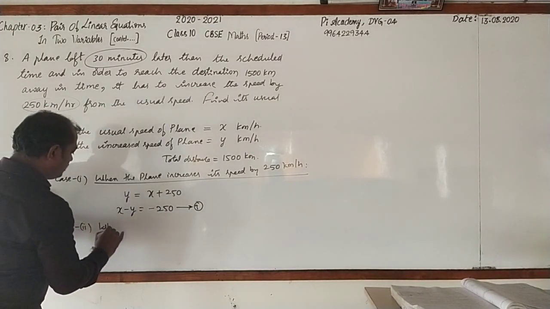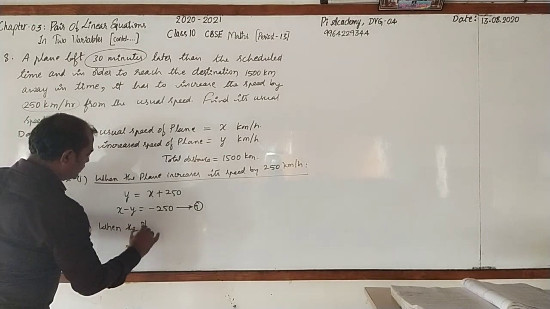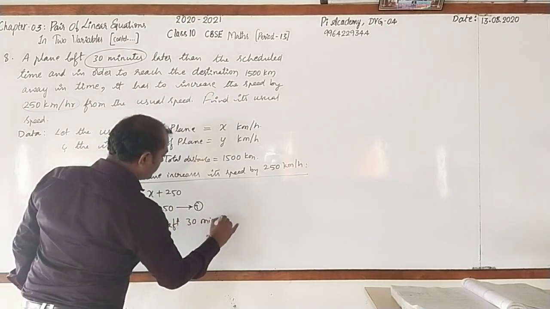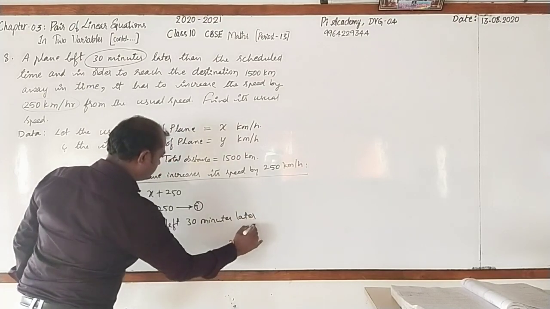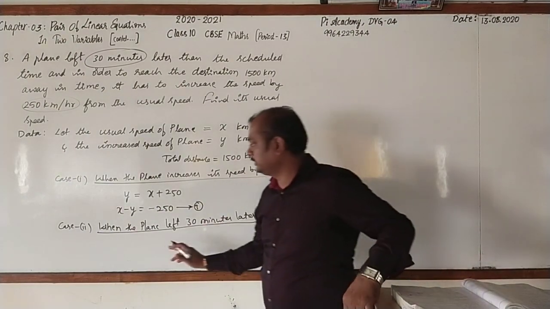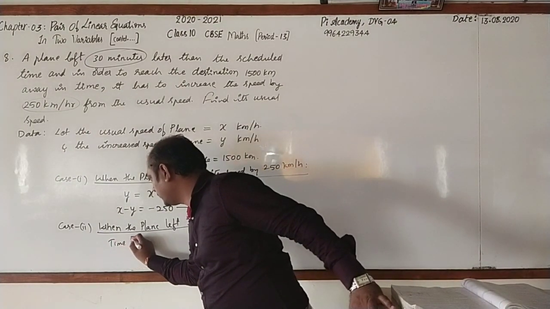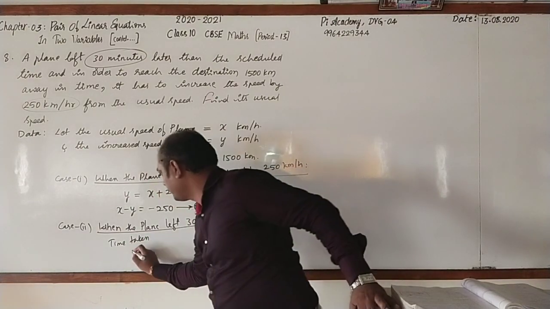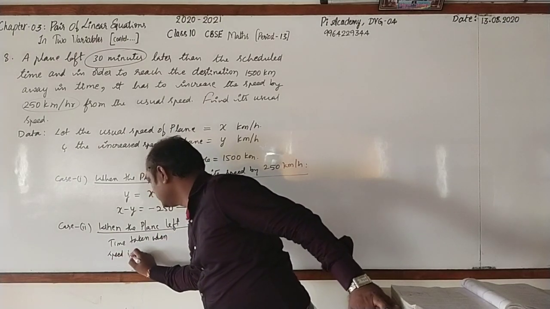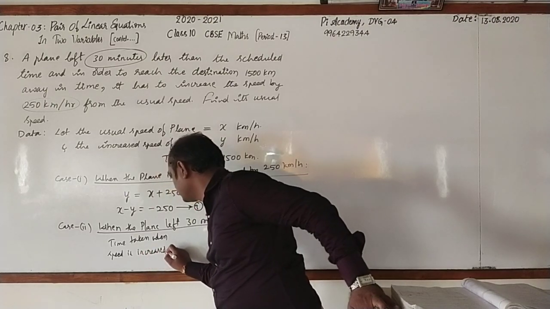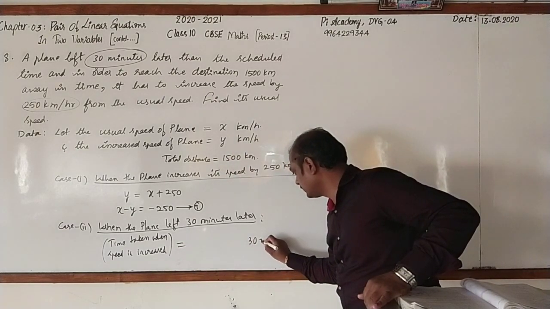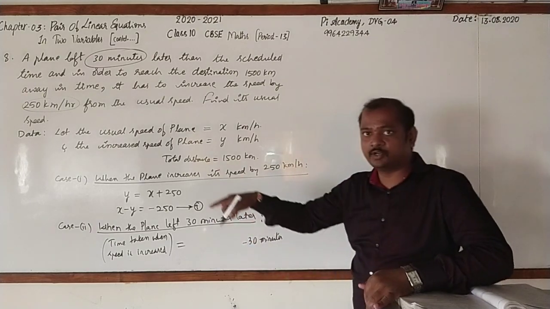Here I'll write, when the plane left 30 minutes later, here I'll write that the time taken when speed is increased is equal to 30 minutes less than the scheduled time, right?